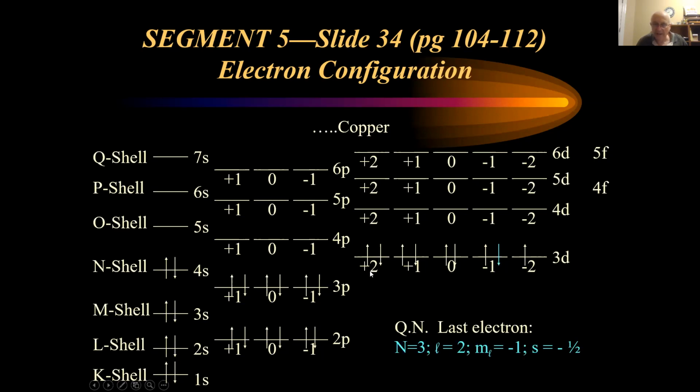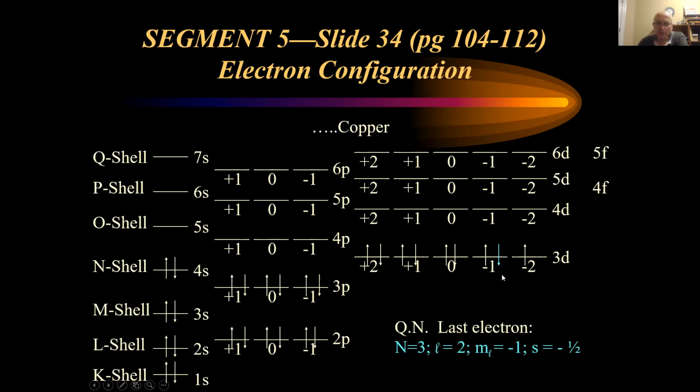When you get to copper, it's in group 9 of the periodic table. It's actually, the number is 1B on the periodic chart. I'll show you why in just a second.